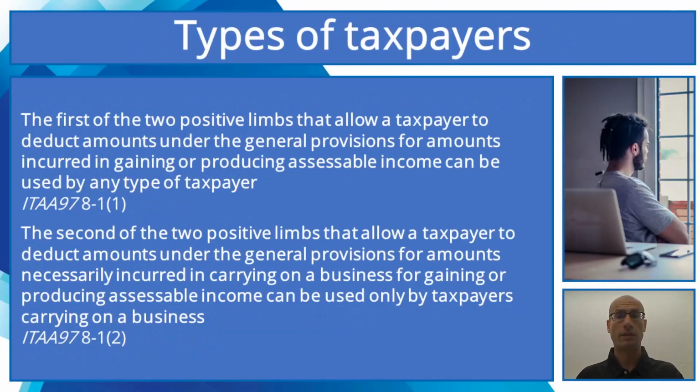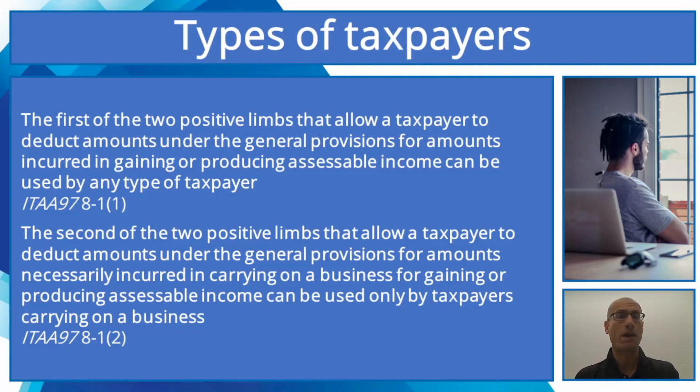One of the consequences of how 8-1 is structured is to do with the first two limbs, because the first limb of 8-1 can be used by any taxpayer. That is, if a taxpayer is incurring some form of loss or outgoing when they're going through and gaining or producing their assessable income, they can get a tax deduction.